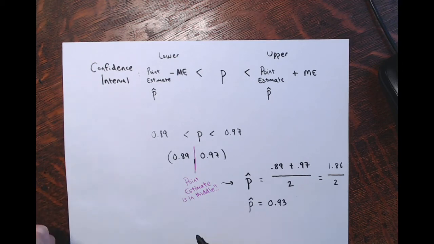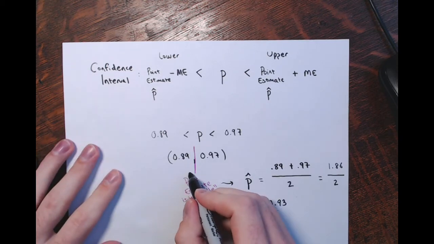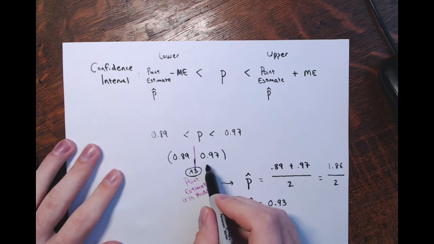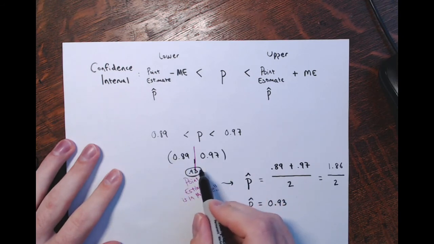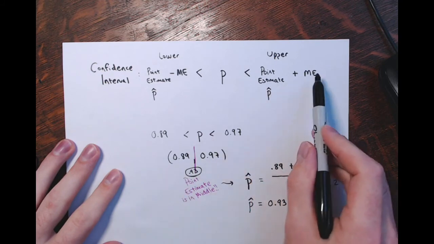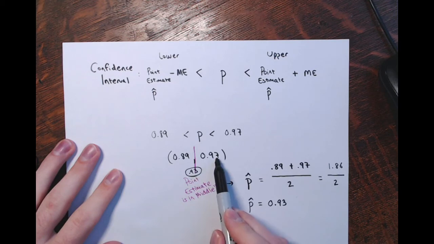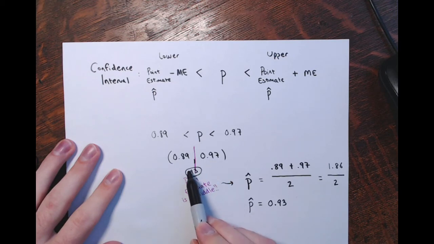We could also use this to find the margin of error. We're not asked for it here, but if I know 0.93 is in the middle, the margin of error is just the distance to the lower and upper bound. 0.93 plus 0.04 is 0.97, and 0.93 minus 0.04 is 0.89.